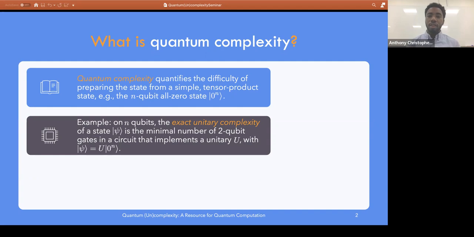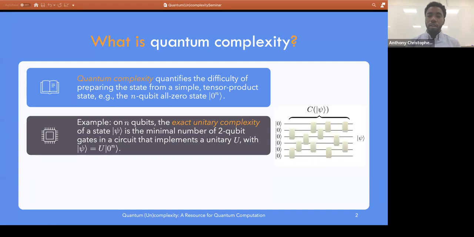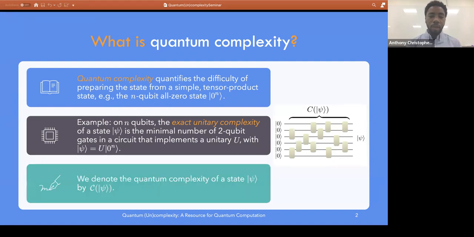So basically, I start off with a lot of zeros, and I apply some circuit. It has a certain number of gates, and that'll yield psi. Now, there are different ways that you can do this, and the exact unitary complexity of the state will just be the minimum number of 2-qubit gates that achieves this task. So just for notation's sake, we denote the quantum complexity of the state psi by C of psi.